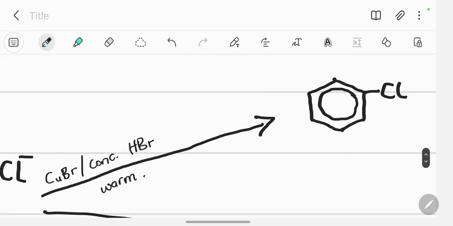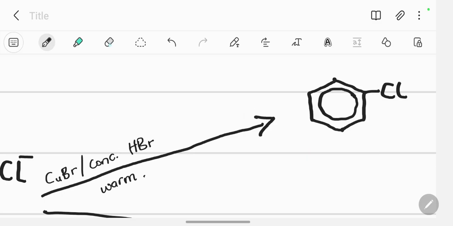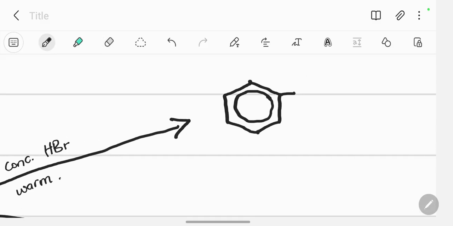This one has to be bromine here. Why? Because you're using bromine and hydrogen bromide. So it's bromobenzene.